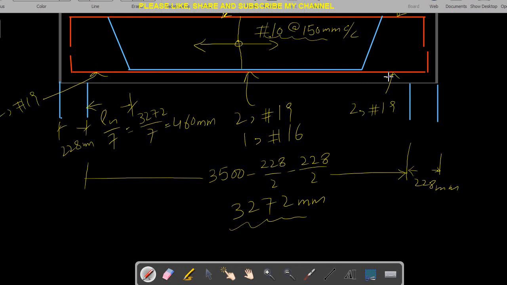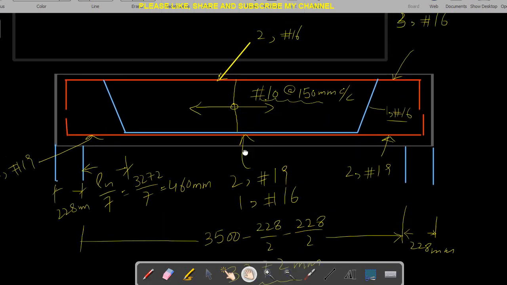This is a code criteria. I have uploaded so many lectures over this, right? So we have to continue 50% reinforcement of the positive section, and minimum 2 bars must be continued. We bent 1 bar, which is 1 number 16 bar.